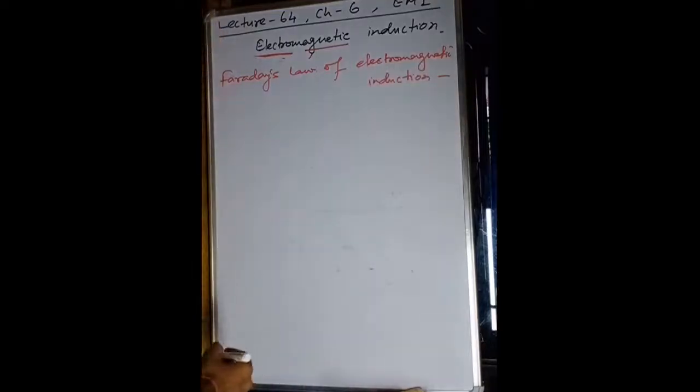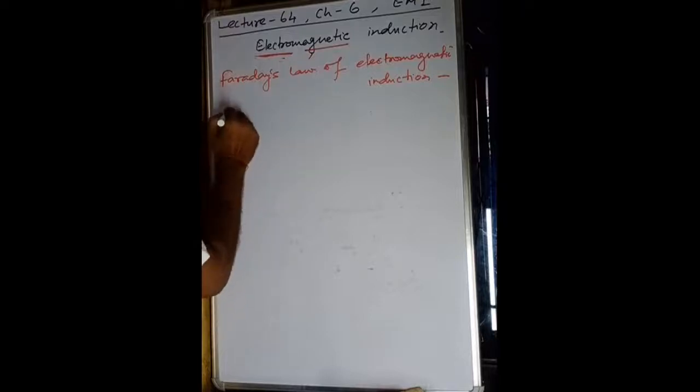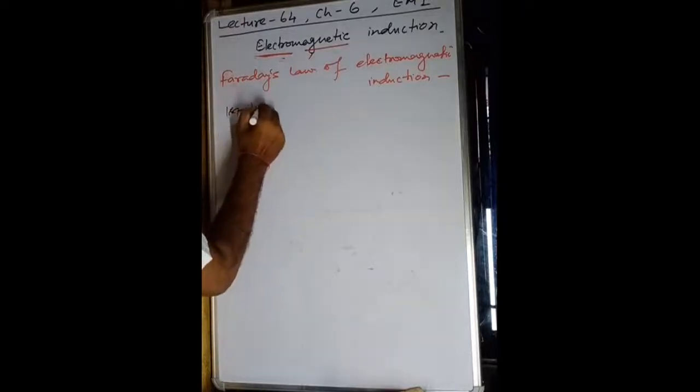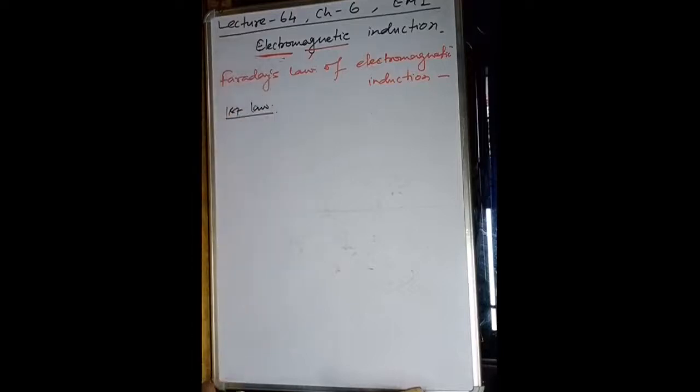All right. So the first law. My dear students, as we have seen in the experiment, we can conclude the EMF was induced till the time the flux is changing.